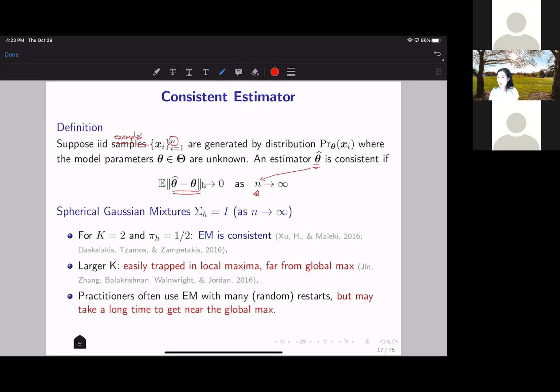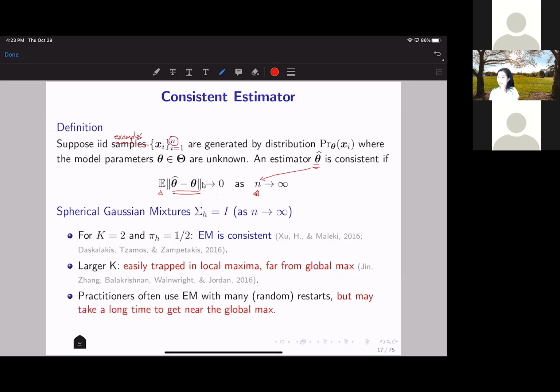And as long as the expectation is the same as your underlying model, it is still a consistent estimator. So this expectation is very important here, especially for randomized algorithms. Is this clear? Any questions?